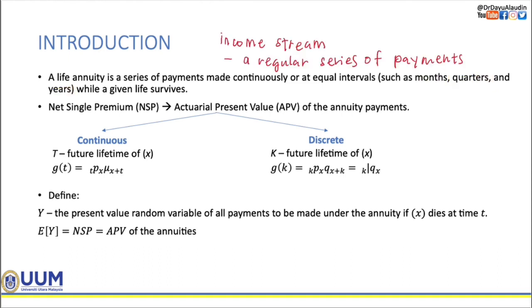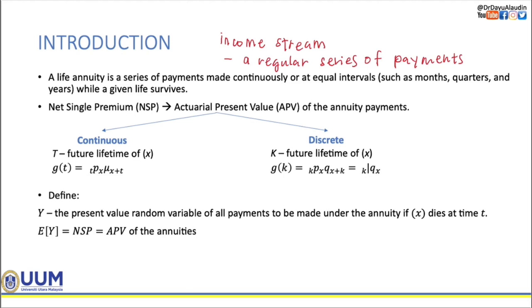For example, for a pension plan like EPF, we get a lump sum of money, so the participant can buy an annuity to change it from the lump sum amount to an income stream, a regular series of payments. As long as that individual survives, they will receive the benefits or the payment.